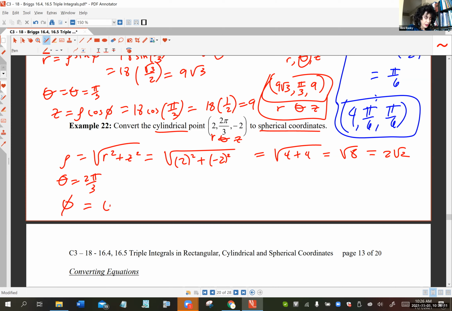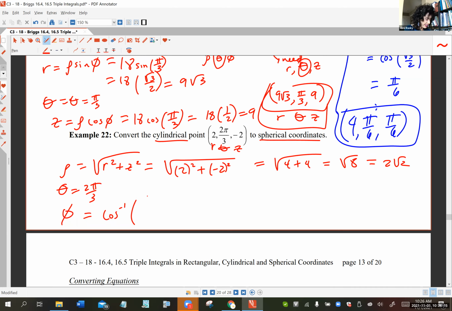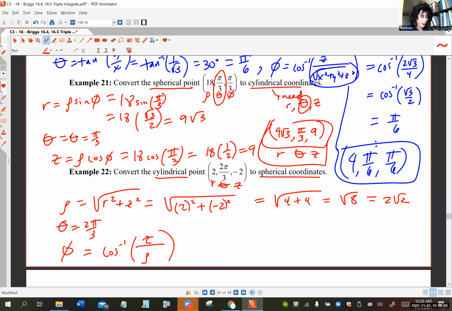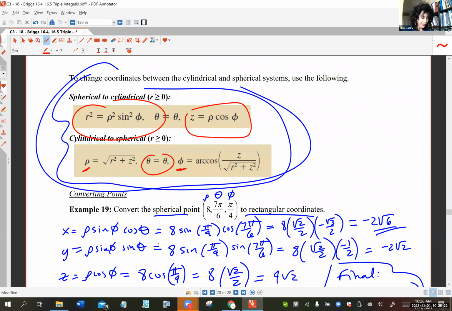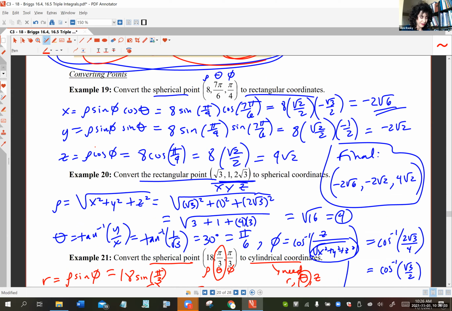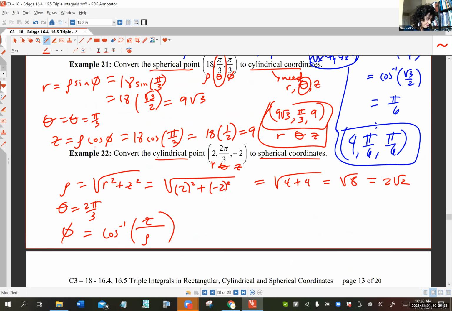Phi is cos inverse of z all over rho, essentially. I mean, that's not what it says up here. Phi is equal to cos inverse of z over square root of r squared plus z squared, but this is the same as rho. And I already got rho, so I'm just going to use it again. Very convenient. So this is cos inverse of negative 2 over 2 square root of 2.